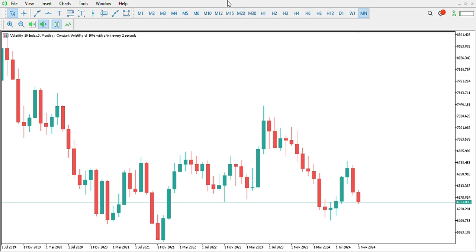So from the monthly, how is the chart telling me? This is a monthly time frame. Simple. The market is on a selling market. So there are some conditions that you want to see for you to buy this market, and those conditions are there on the other platforms I've posted.